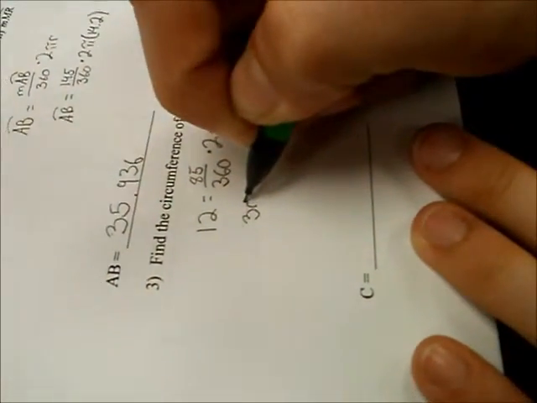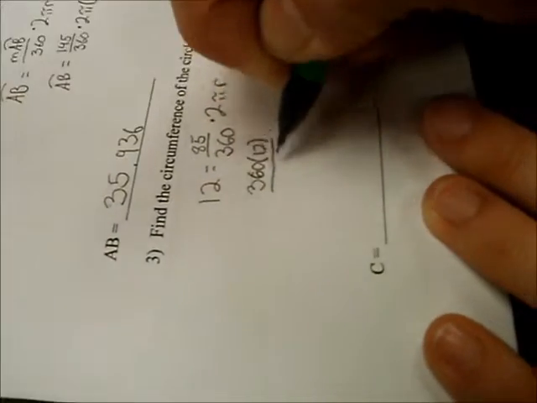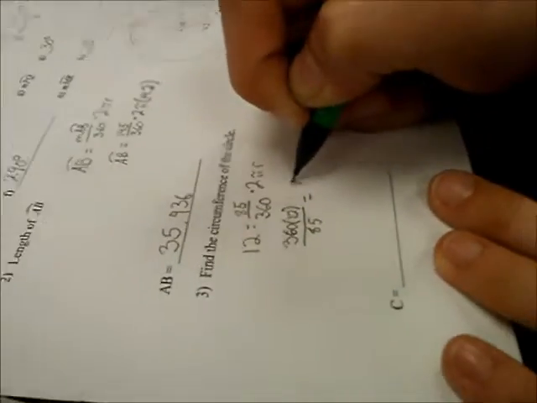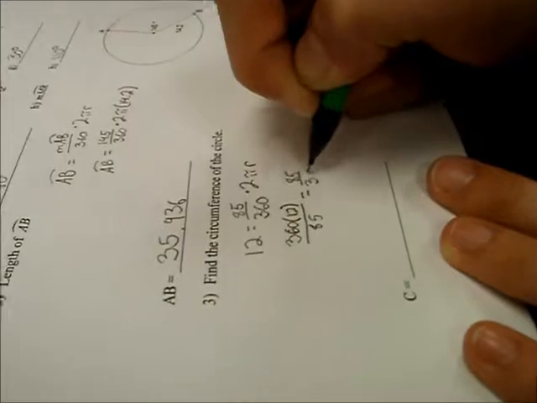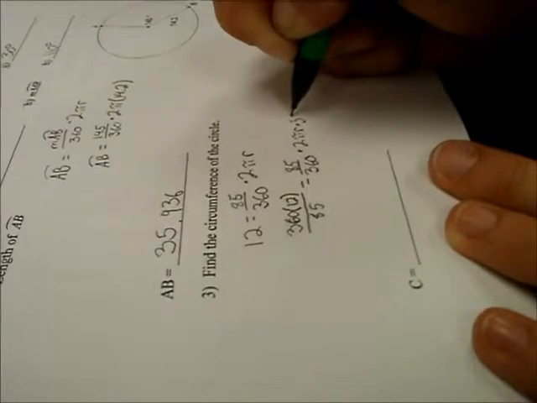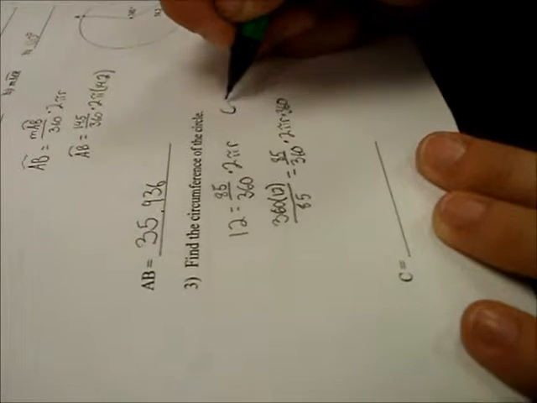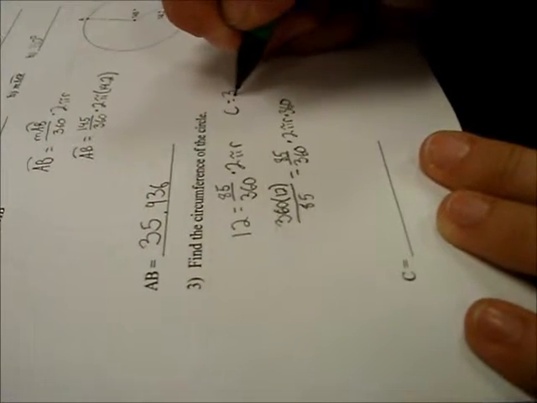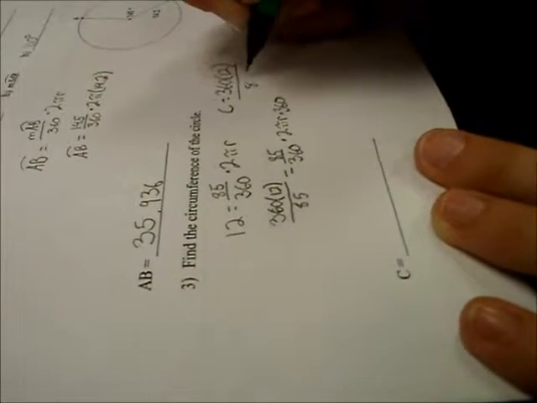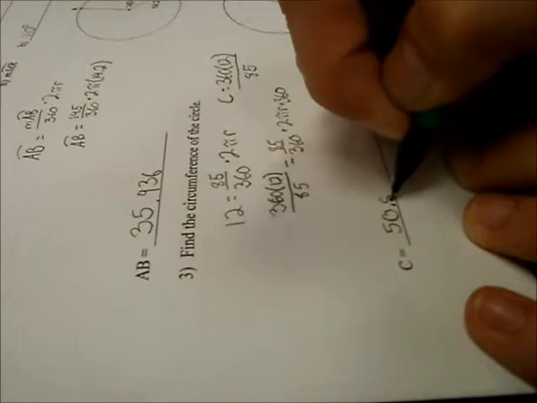So you have 360 times 12 over 85 equals 85 over 360 times 2 pi r, and then times 360 over 85, I believe. Oh, my bad. Just followed paper. So then your circumference would equal 50.82.